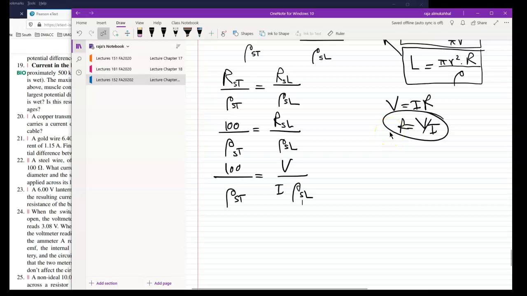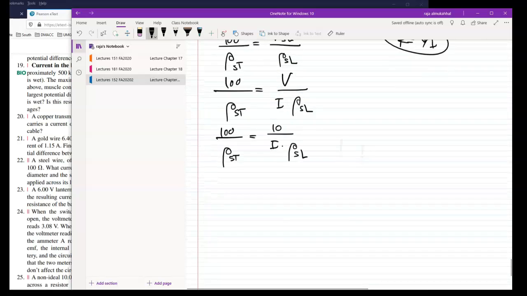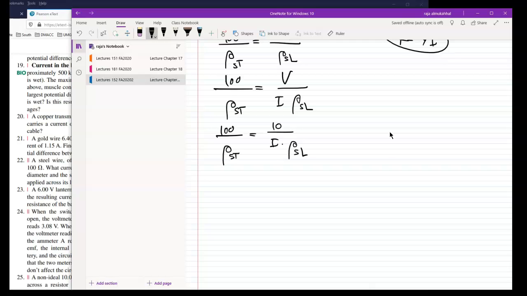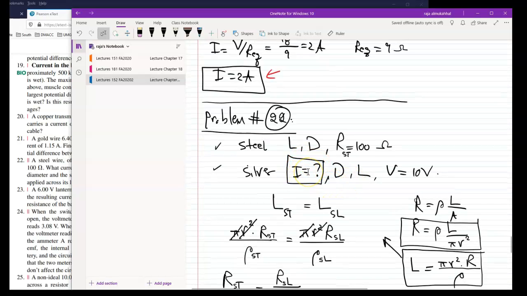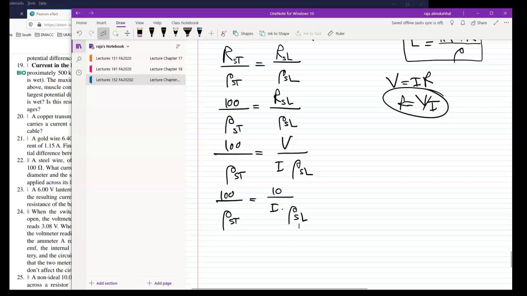So in this case, I would have 100 over rho ST equals 10 over I times rho SL. I'll keep going vertically like that. And I am interested in solving for the current, because that's what he's asking for. And I'm basically done with the problem. All you need is just plug in your numbers.